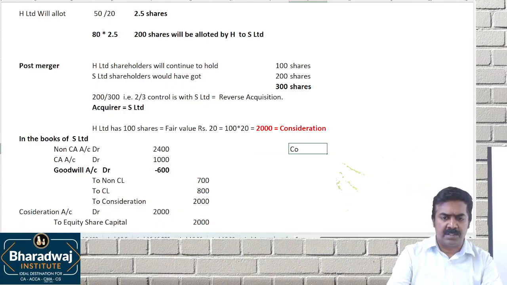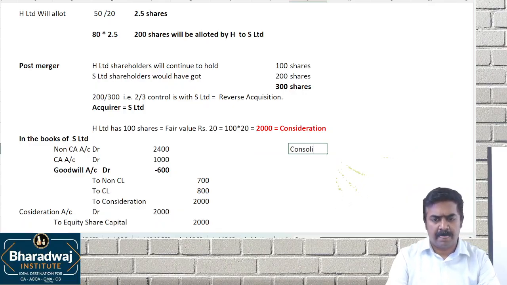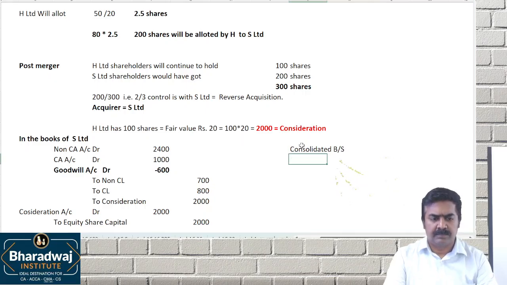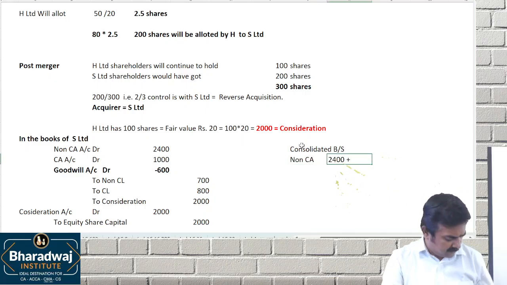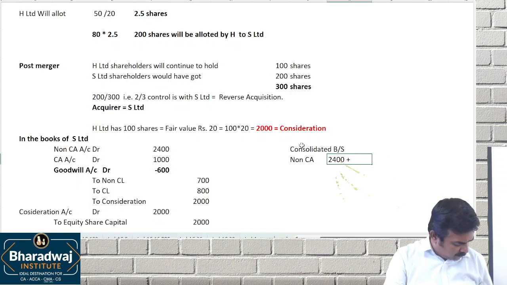We can prepare the consolidated balance sheet. Non-current assets will be 2,400 plus 2,400 plus 3,000.